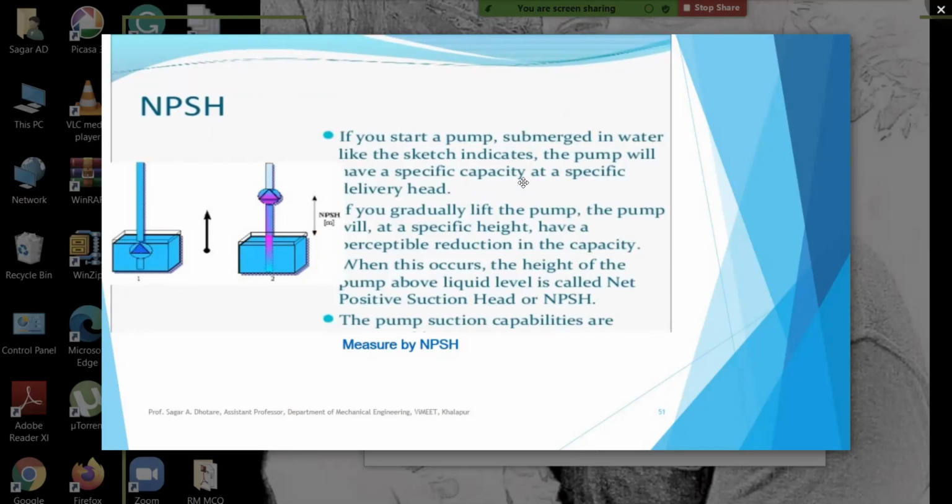If you gradually lift the pump, at a specific height it will have a reduced capacity. When this occurs, the height of the pump above the liquid level is called the net positive suction head, short form NPSH. The pump suction capabilities are measured by NPSH.